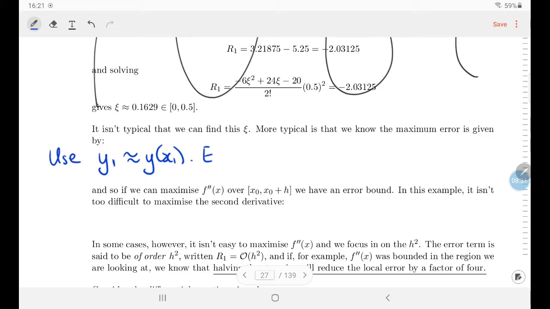The error is equal to, for some xi, the second derivative. This little Greek letter is tricky to draw. Times h squared over 2.